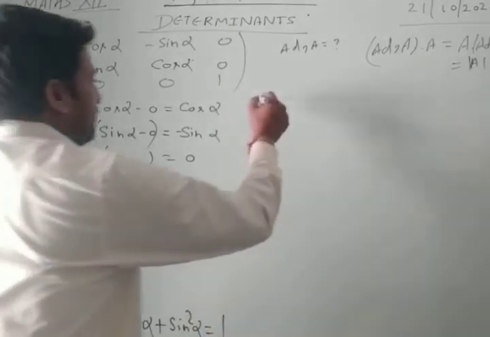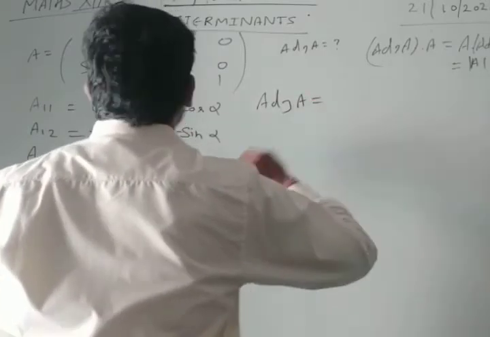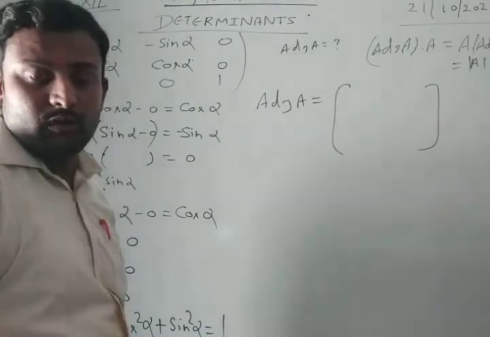Now we write the adjoint of A. It is the transpose of the cofactor matrix.